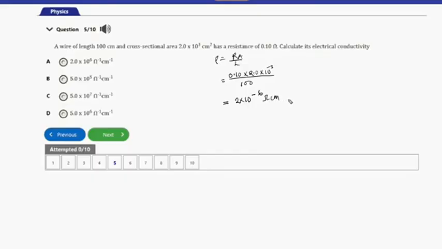But then, in order for us to calculate the conductivity now, we'll just simply do 1 over this resistivity, and then we are going to have 5.0 times 10 to the power of 5, and that's it for this question, guys. So option B is the answer to this question.